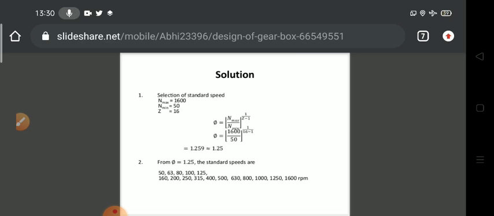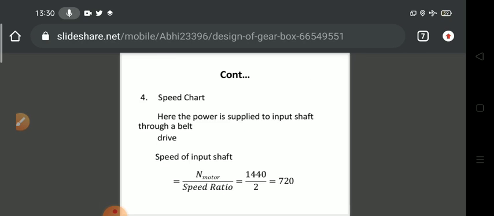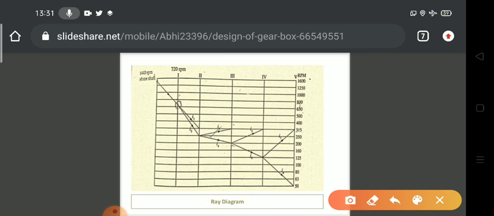right? So after drawing the first shaft speed 1440 and the speed reduction ratio 2, the input shaft is 720, right?